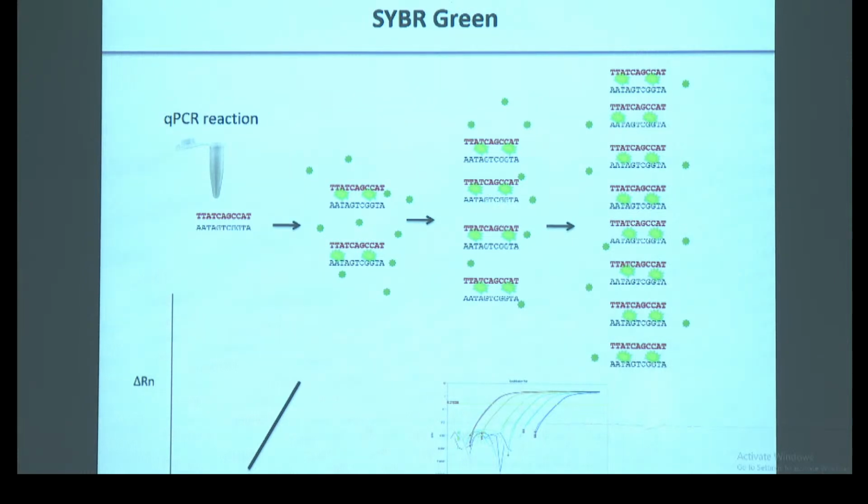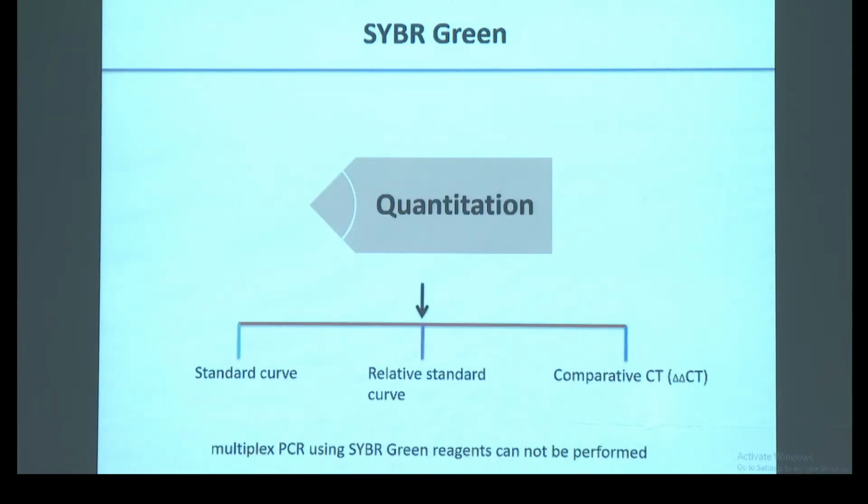So now you can see graphs when they are exponentially growing, meaning at the end of each cycle when the PCR product is doubling, you can see a straight line graph. When the PCR consumables get exhausted, you will see a plateau and a linear amplification. So when you are using SYBR Green chemistry, you can use it only for quantification, not for presence/absence and SNP genotyping.